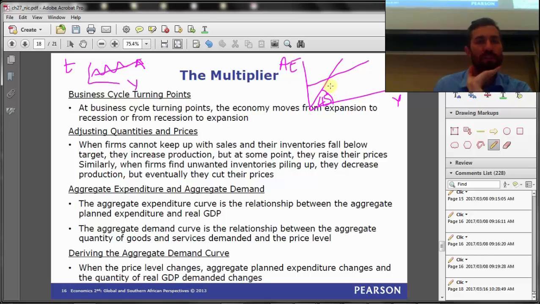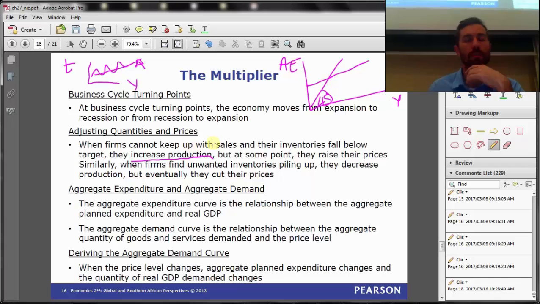We spoke about fixed prices. What happens when prices change? In other words, when firms cannot keep up with sales and their inventories fall below target, they increase production. That's a movement along this aggregate expenditure curve if we're to the left of equilibrium. Firms could increase production.